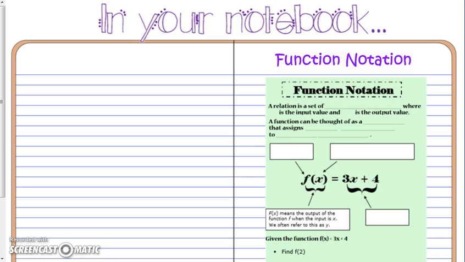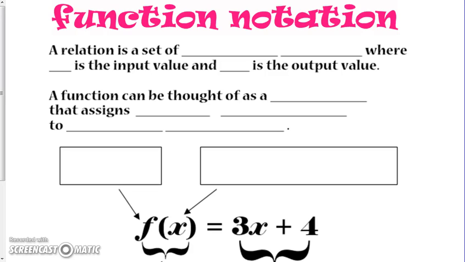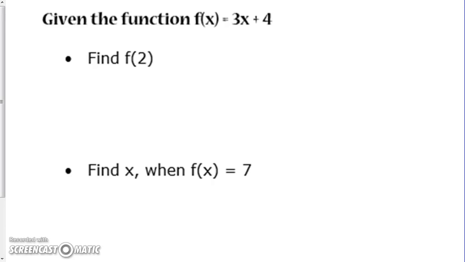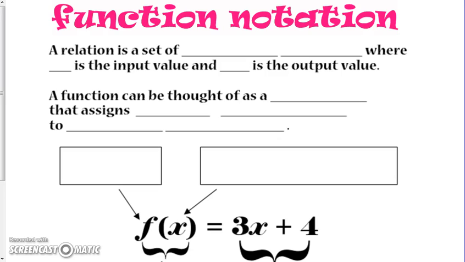So let's go to this foldable, and let's talk about the answers. A relation is a set of ordered pairs where x is the input value and y is the output value.